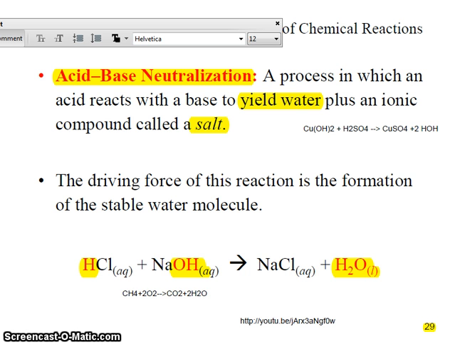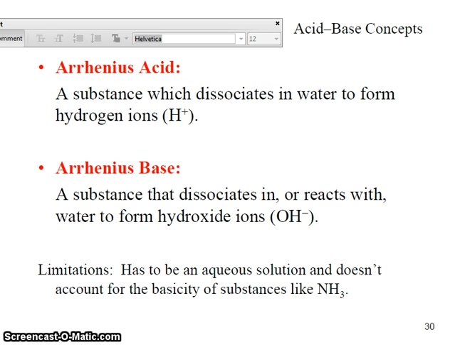Going forward, an acid can be of three different kinds, and those of you who have to take general chemistry 2 and then go over to organic as well, we are going to take a look at that in much more detail. But for the purpose of this class, we are going to focus on the older Arrhenius acid, as well as what are called Bronsted and Lowry acids.